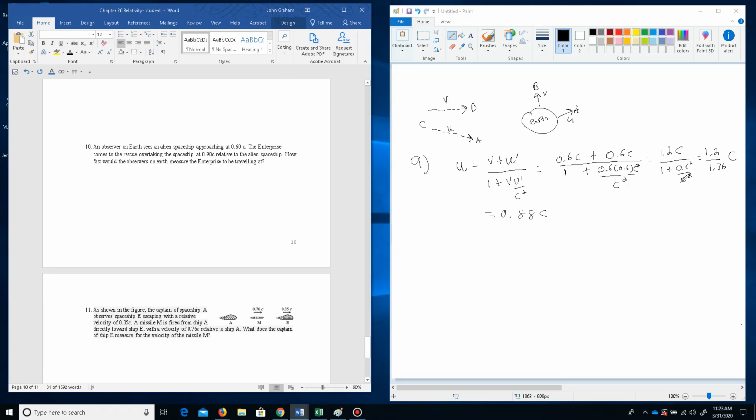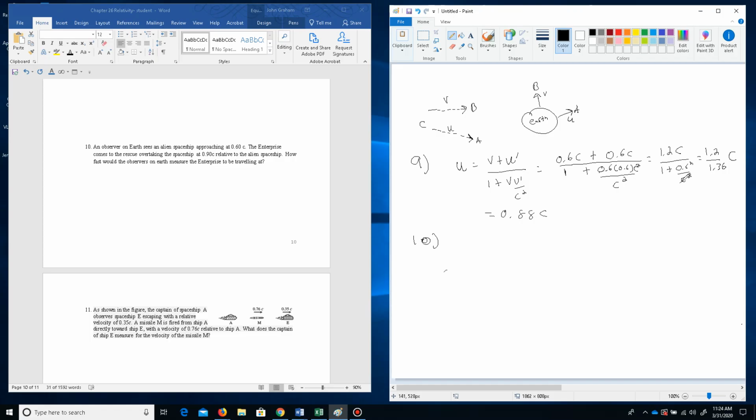Alright, so in this next example, an observer on Earth sees an alien spaceship approaching at 60% of c. The Enterprise comes to the rescue, overtaking the spaceship at 0.9 c relative to the alien spaceship. How fast will observers on Earth measure the Enterprise to be traveling? So both the Enterprise and the alien spaceship are being measured from Earth.